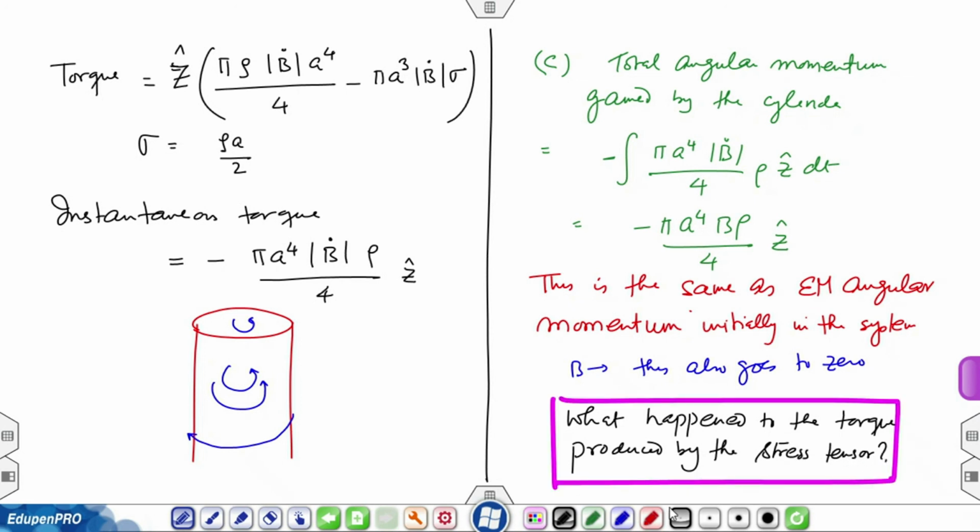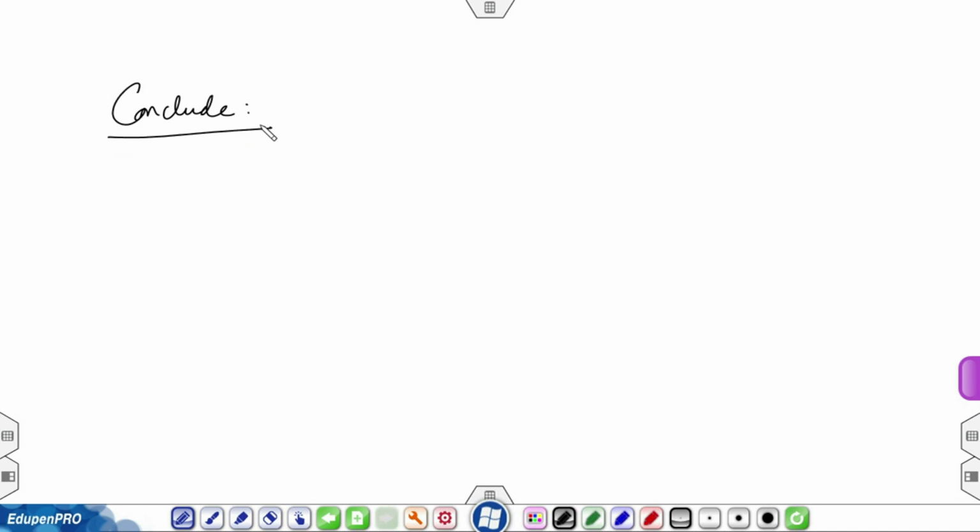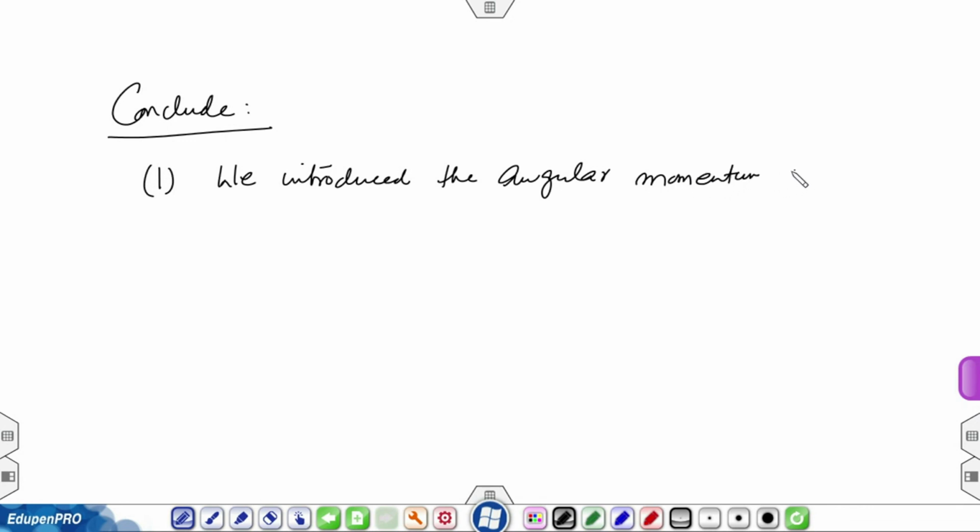So, I will conclude this lecture by saying that 1, we introduced the angular momentum of EM fields directly from its momentum.